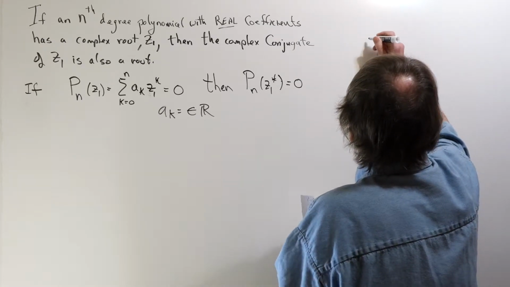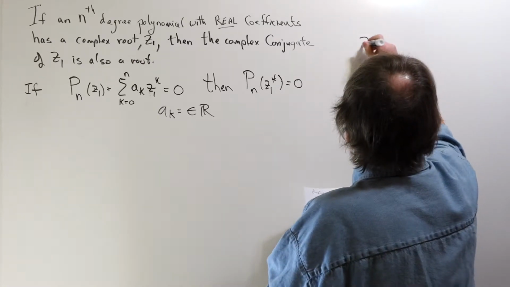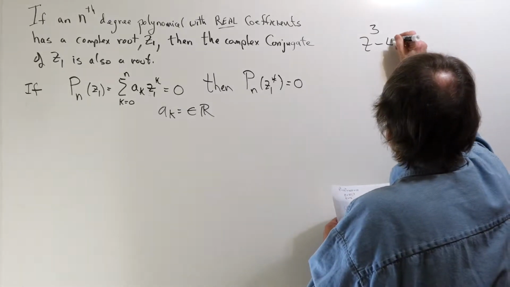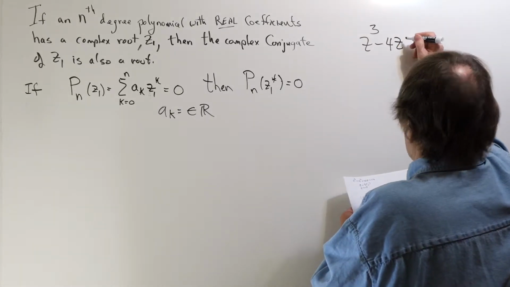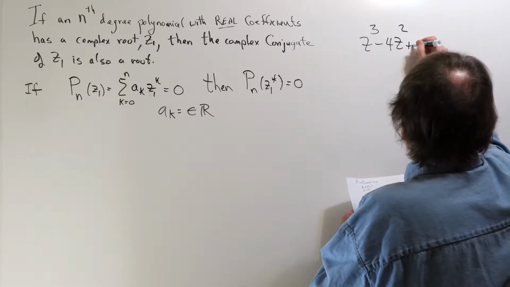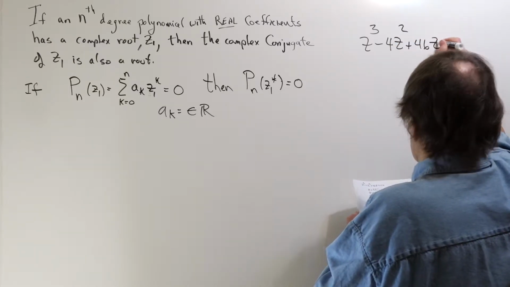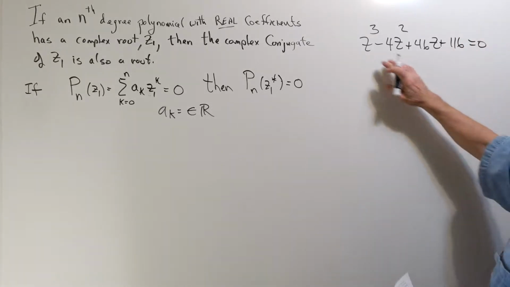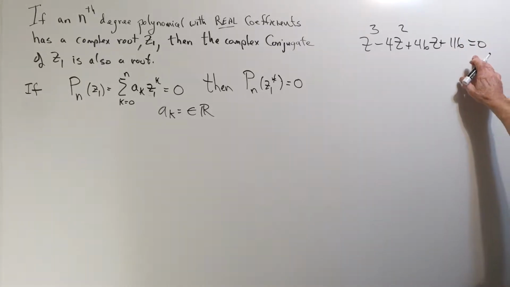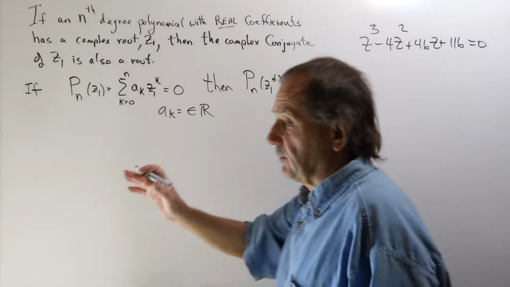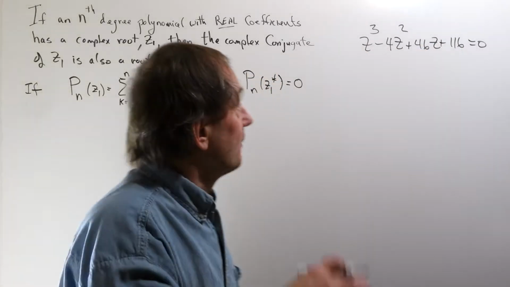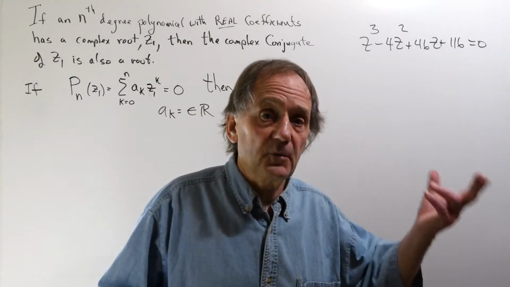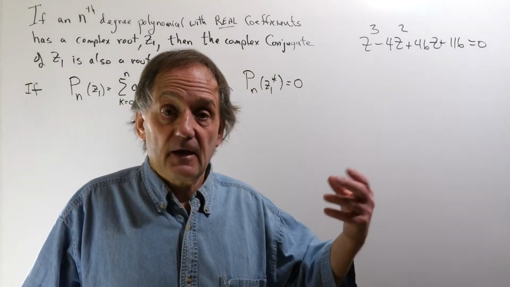Suppose that I have this polynomial equation, a third order polynomial equation, z cubed minus 4z squared plus 46z plus 116, and we set that equal to 0. We want to know what the roots are. There's going to be three roots. Friedrich Gauss proved in his PhD thesis that an nth degree polynomial is guaranteed to have n roots.